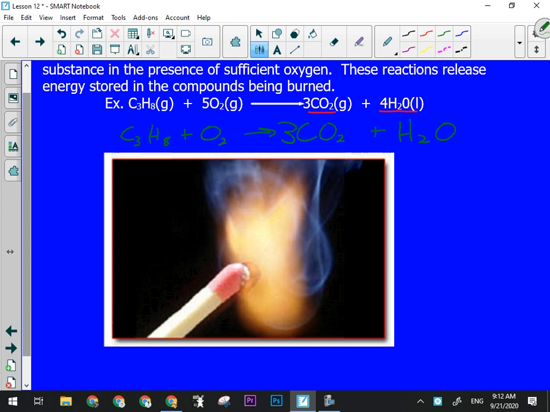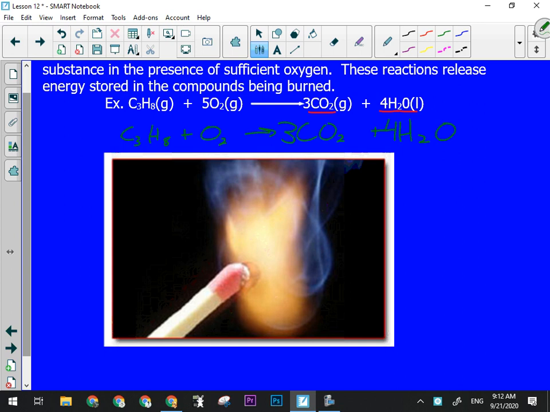You're right, it's going to mess up the oxygens, but that's why I do them last. I'm balancing in alphabetical order, so H comes next. How many hydrogens here? What do I need to put in front of water in order to get 8 hydrogens? 4.